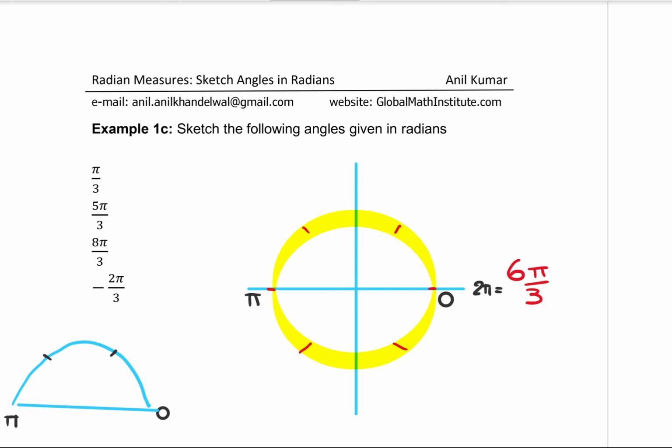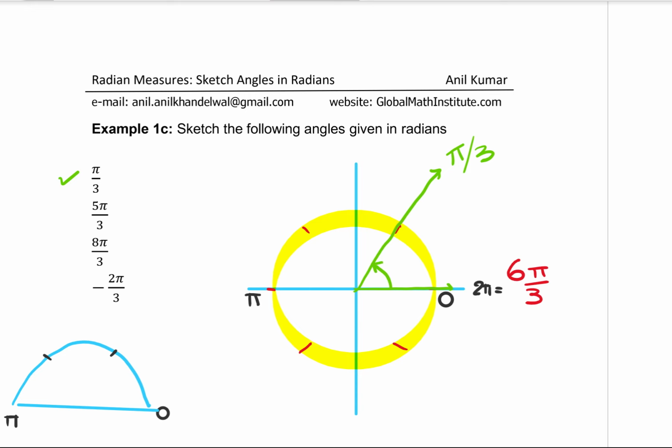Perfect. Now the question is, how do we draw pi by 3? So let's take this up. Pi by 3 means 1/3 of the pi, and that's the 1/3 of the pi, right? Connecting with the origin being the vertex, what we get here is pi by 3. Clear? So this is pi by 3 with the initial arm. You get the angle pi by 3. Right.